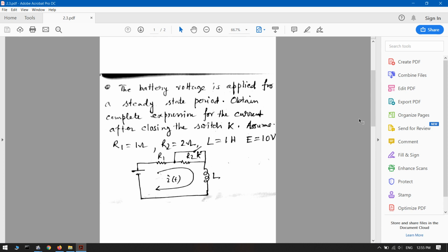The initial current was 10 by 3, and I kept it as 10 by 3. Okay. So ultimately, the equation: i of t will be 10 minus 6.67 e to the power minus t.